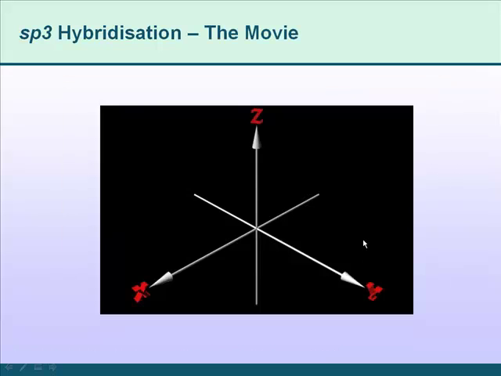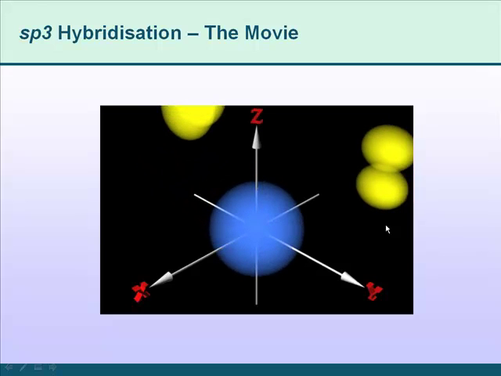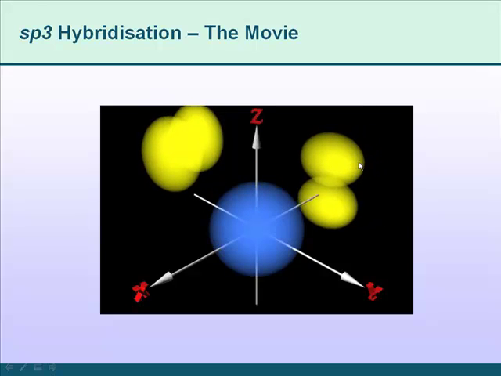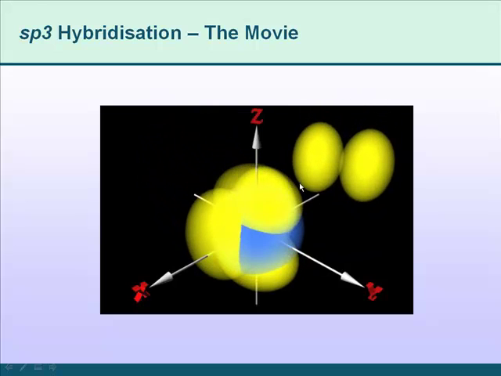So shown here is a video depicting this hybridization. So what we'll see first is the 4 original orbitals coming into picture, and then we'll see them mixing to give these 4 new orbitals, which are hybrid correct orbital representations. So here's the 2s orbital, spherical, and in yellow the 3 2p orbitals that we originally put up in our electron configuration.